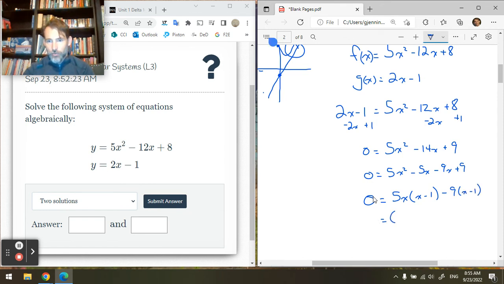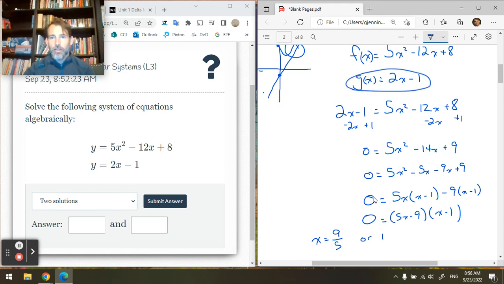This is equal to (5x minus 9) times (x minus 1). So x is equal to 9 over 5, or 1. Okay, so now let's use g of x.